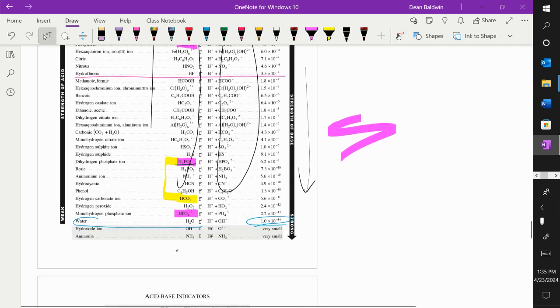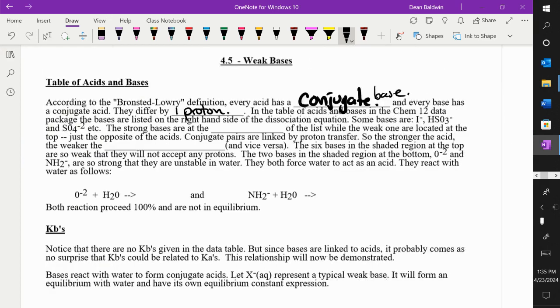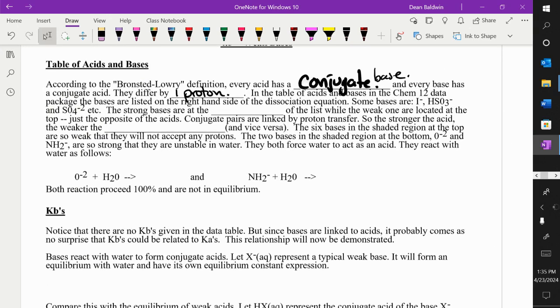So if you are a weak acid, phenol, you are a somewhat strong base, right? They go hand in hand. That kind of makes sense. Strong bases are at the bottom. The stronger the acid, the weaker the conjugate base.